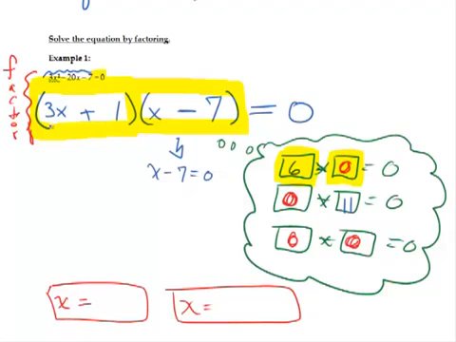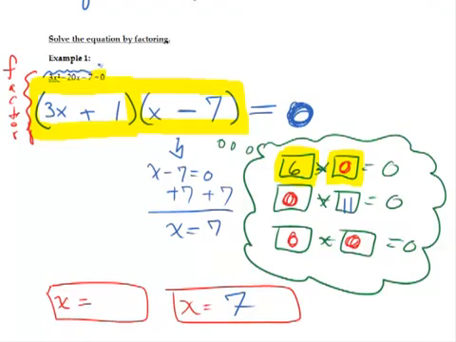In which case, doesn't matter what the first piece is equal to, but as long as our second piece was equal to 0, we'll have some number times 0, and that's how we get this equals 0 out here on the side. So, if this second piece is equal to 0, we want to solve for x. Move that 7 over, and we get x equals 7. So that's an option. Maybe x is 7. Think about what this means.